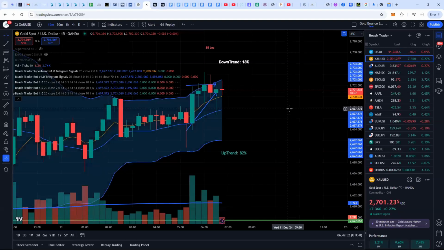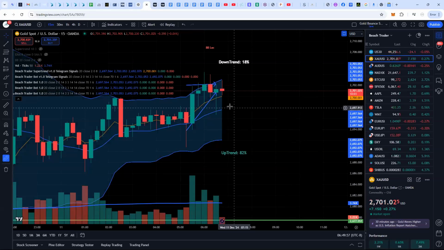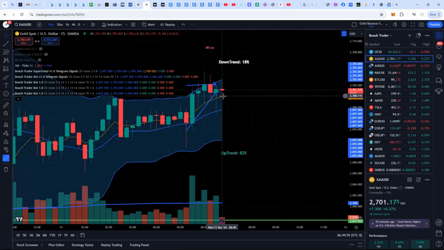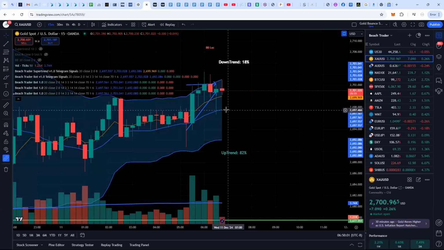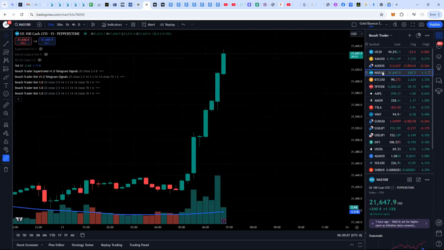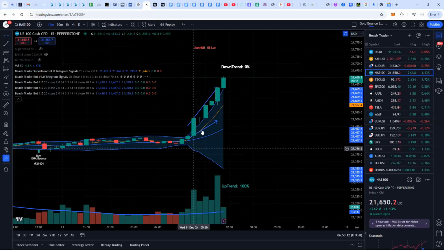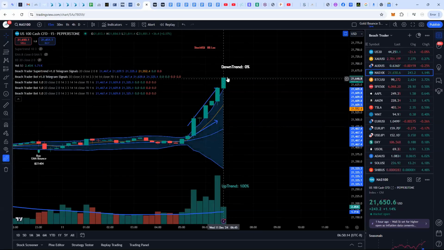Let's look at gold. Gold is really high right now. It's in an uptrend. You can get gold if it hits this orange line or if it hits the blue line to go up. You want to take gold going up. Avoid NAS 100. It just shot up. It's way outside the Bollinger Bands. This is not a safe trade.